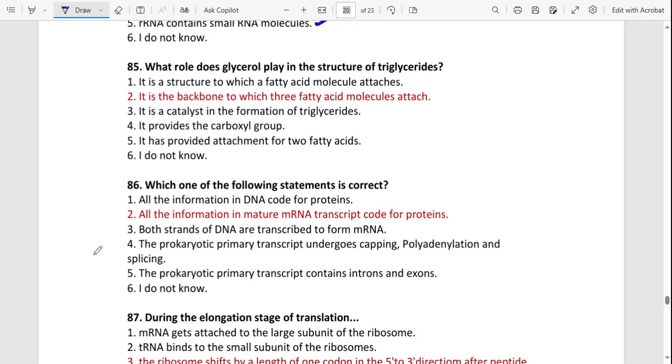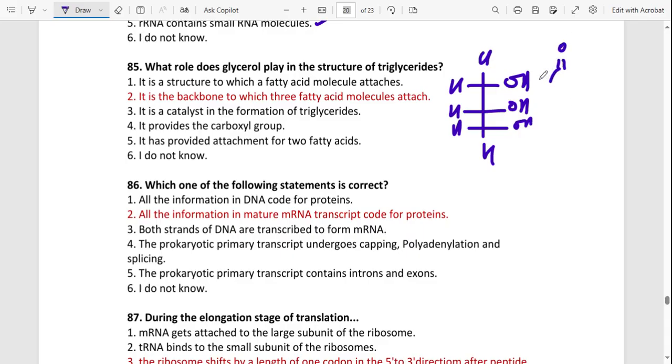What role does glycerol play in the structure of triglycerides? So it's like this. The rest are hydrogens, of course. This is glycerol, and this guy will come and react with the fatty acids. So what role does glycerol play? It is a structure to which a fatty acid molecule attaches.